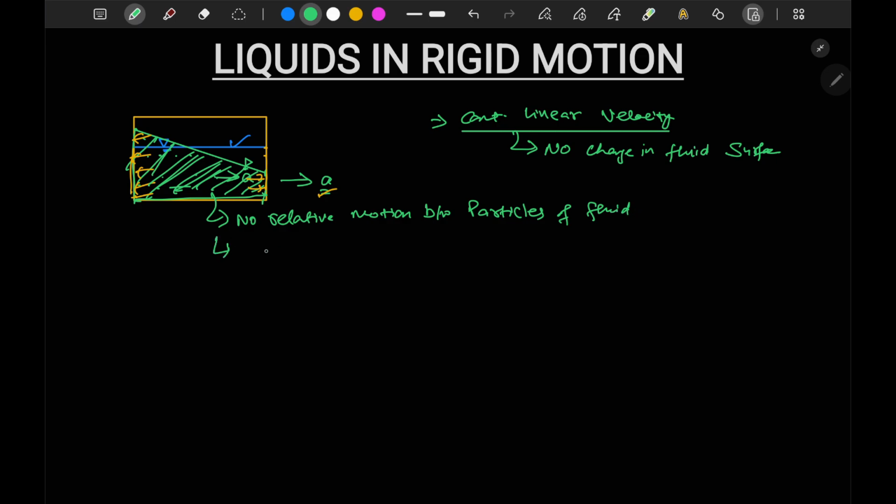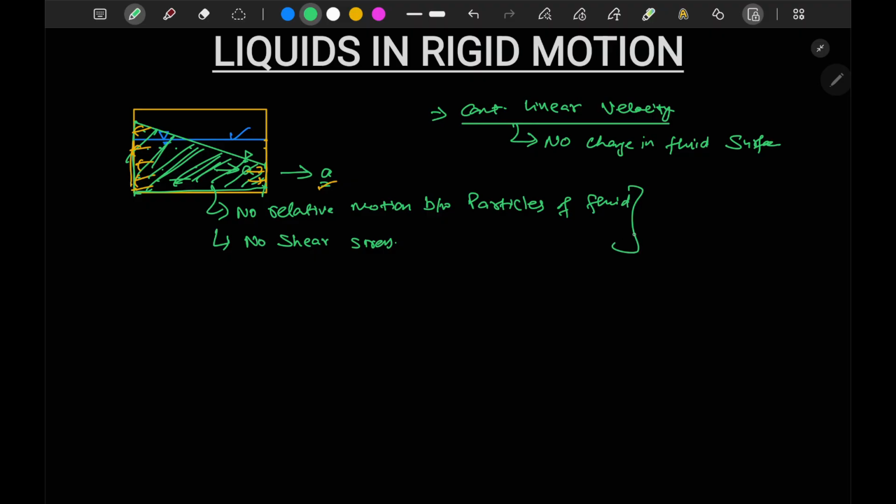Therefore, if there is no relative motion, there is no shear stress. So your fluid pressure at all the different walls will change, and we can calculate the distribution of the pressure. Because of this, it is called rigid body motion. This rigid body is in motion with an acceleration of A.